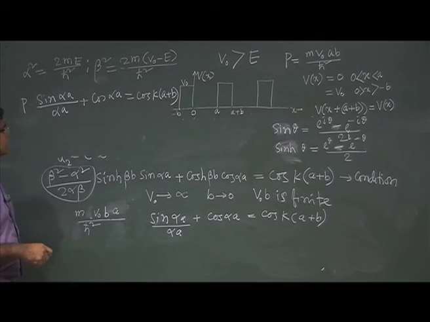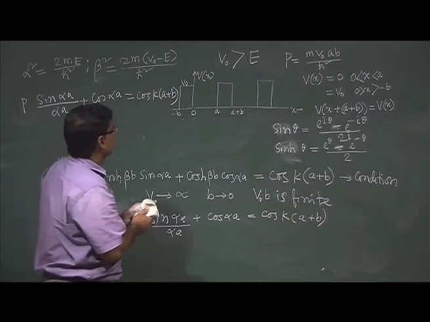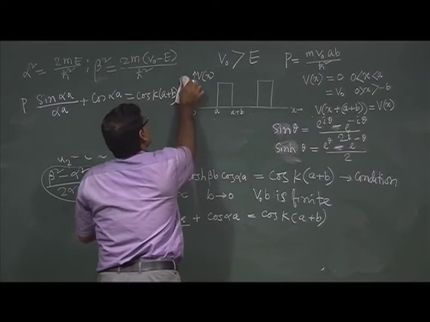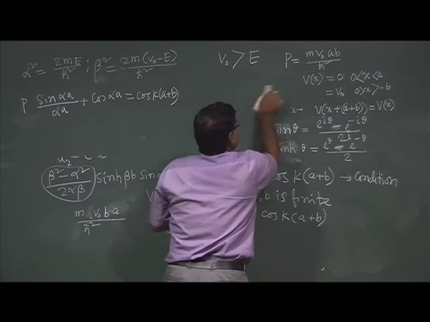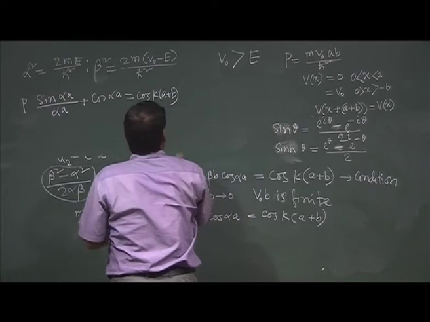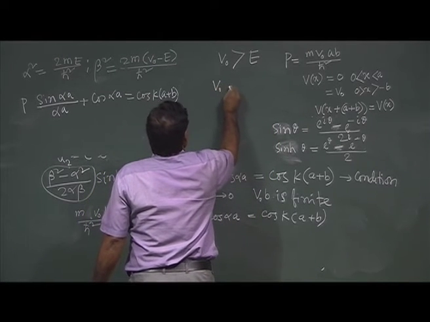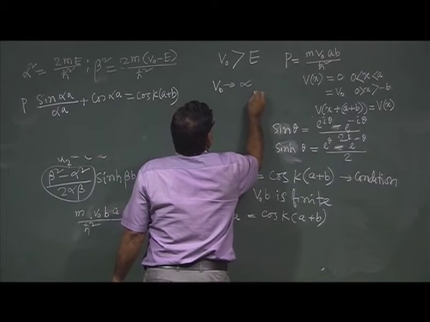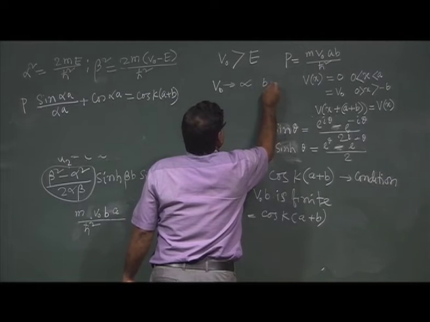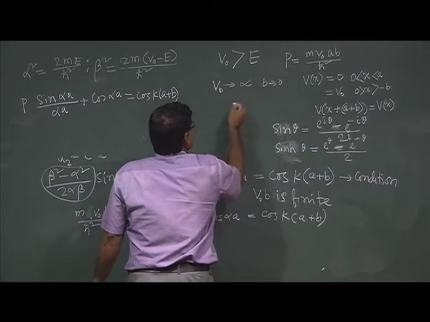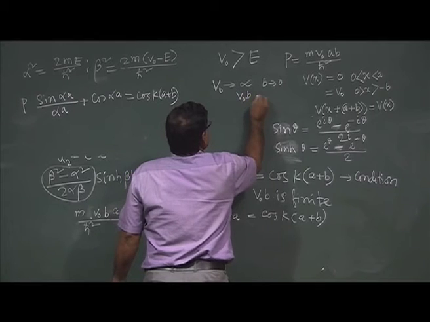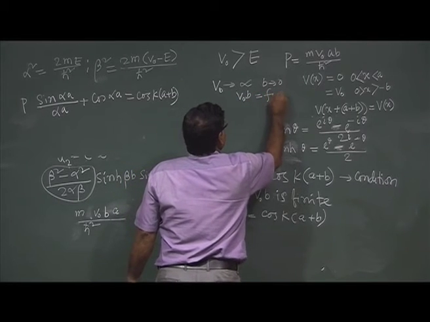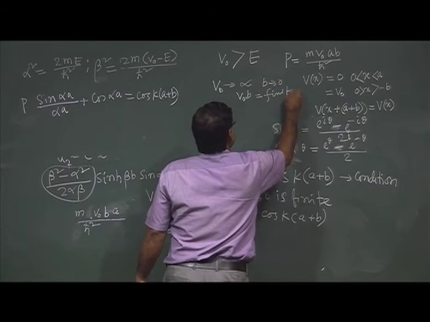Okay. And the condition we have taken is V0 tends to infinity and b tends to 0, but V0 b is finite, right.